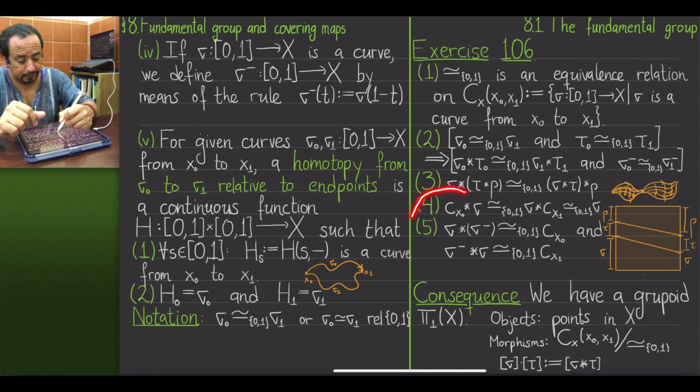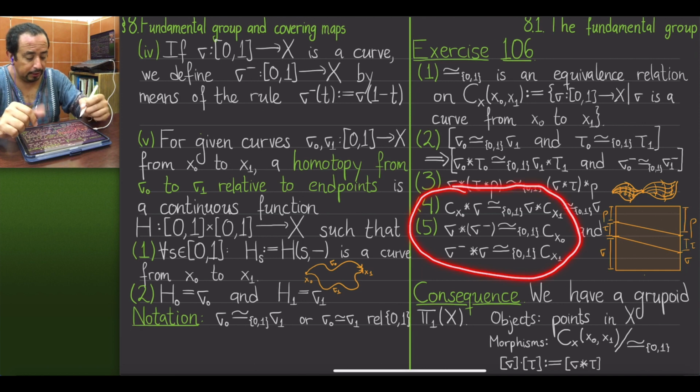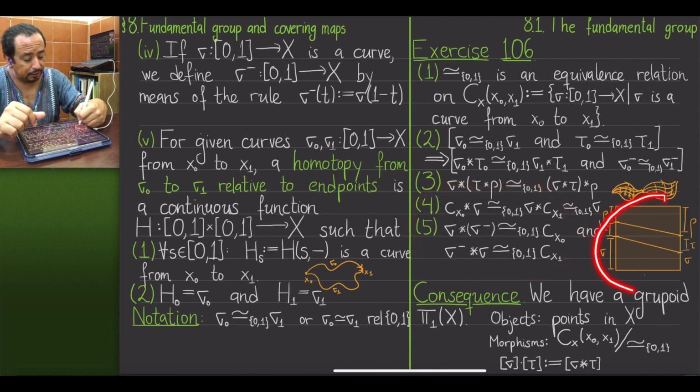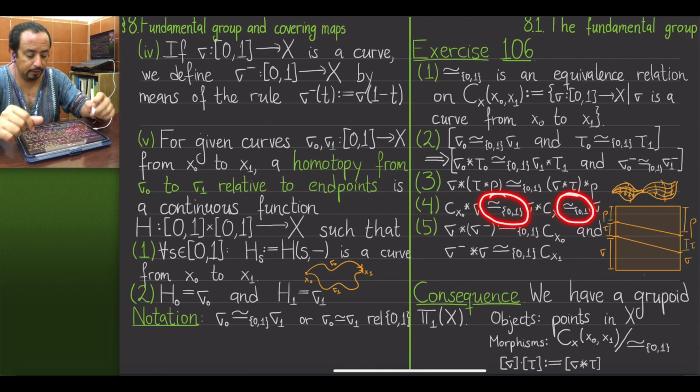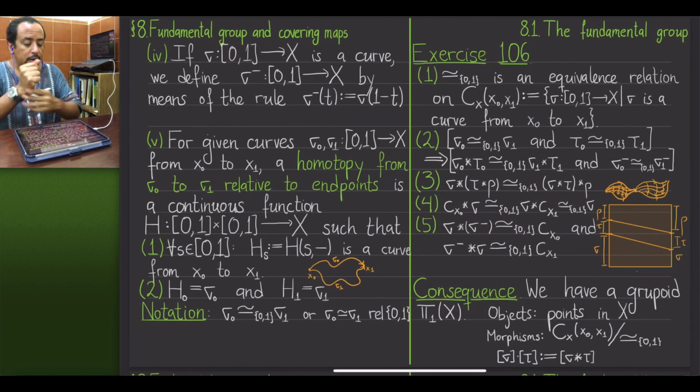And these are easy to prove, and drawing this kind of picture helps you to find the explicit homotopies. Okay, so this means that we have a groupoid.